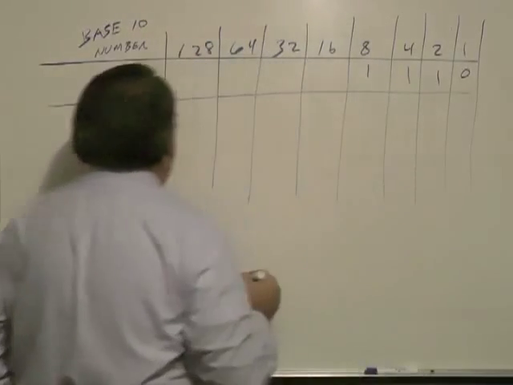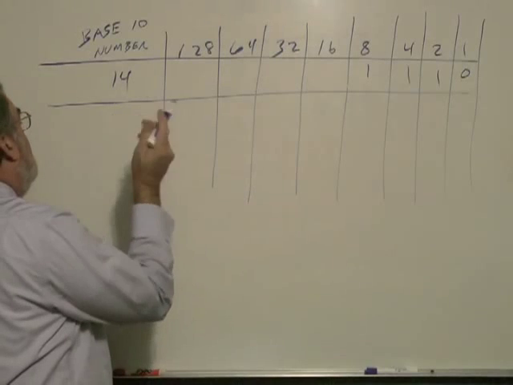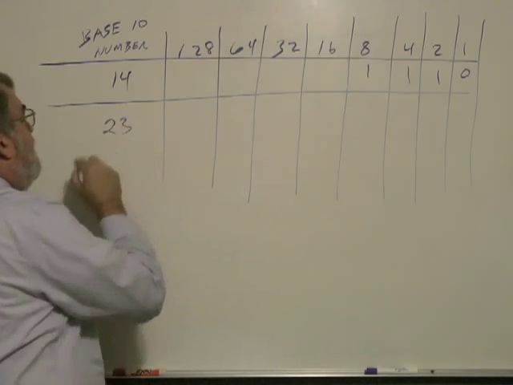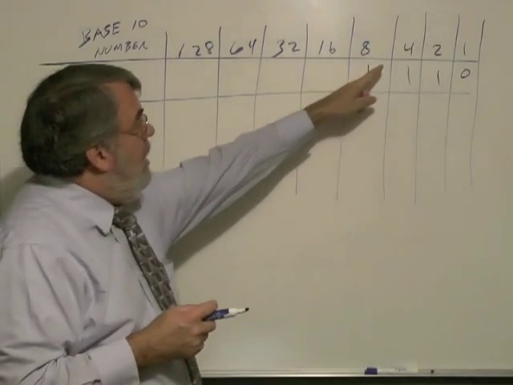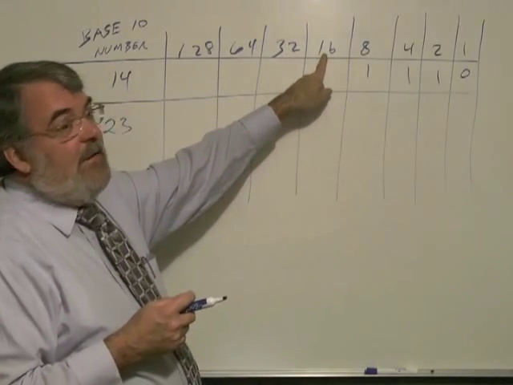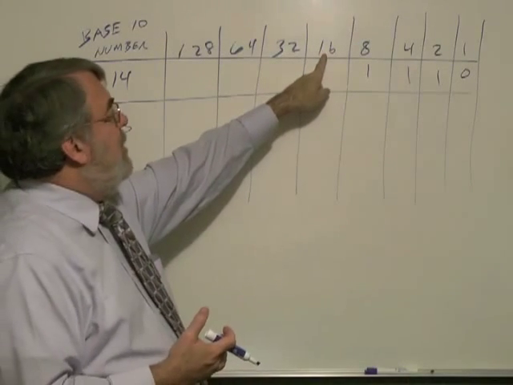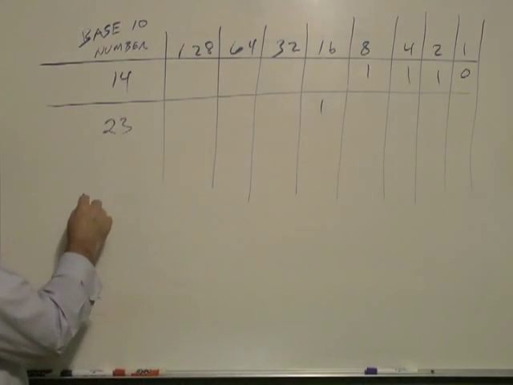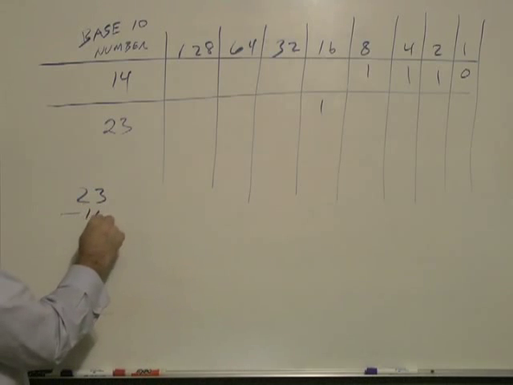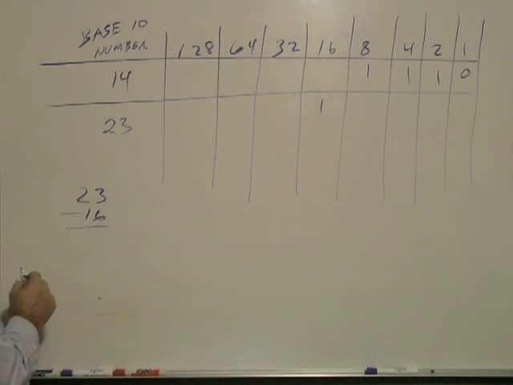So let's try the number 23 and see how that goes. Now, for 23, my largest number I can subtract and get a positive result would be 16. So I'll subtract 16 from 23, and that gives me 7.